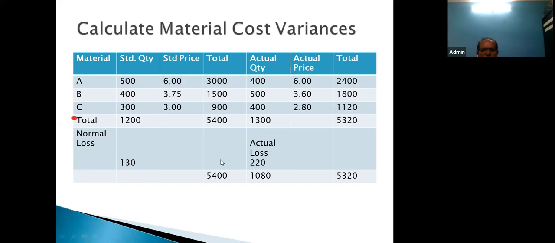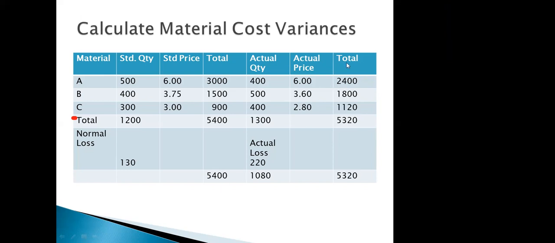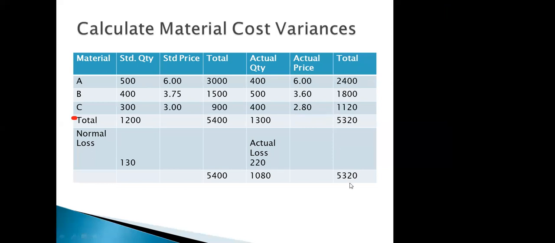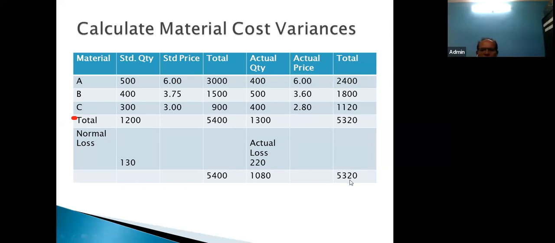5,400. Actual material cost, last column. How much is the actual material cost? 5,320. So from standard, actual goes. Now here you can compare. Here standard is higher and actual is less.